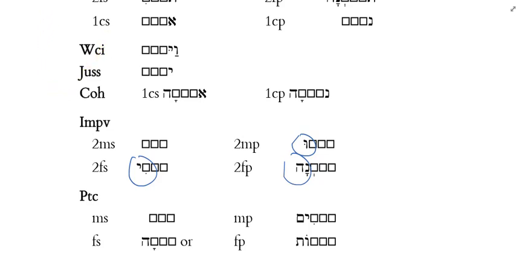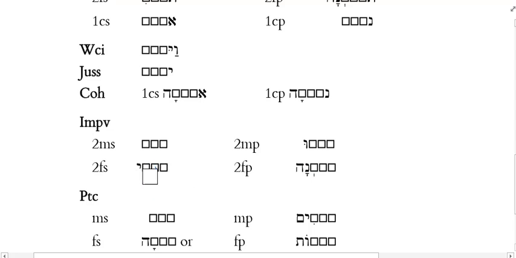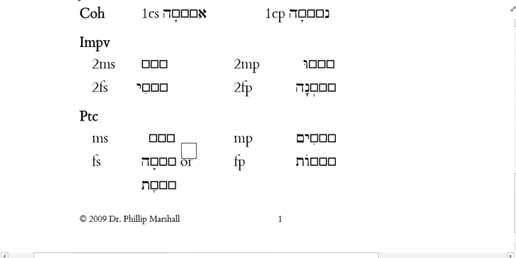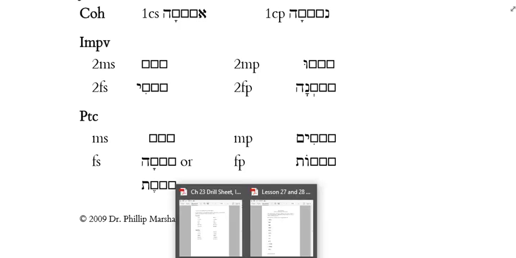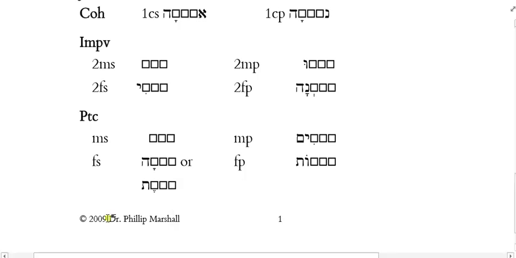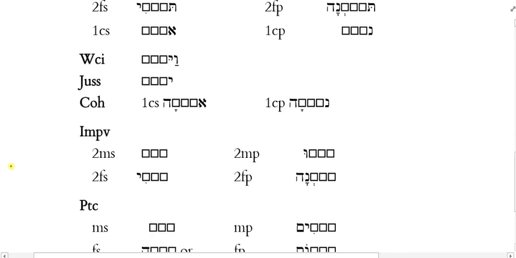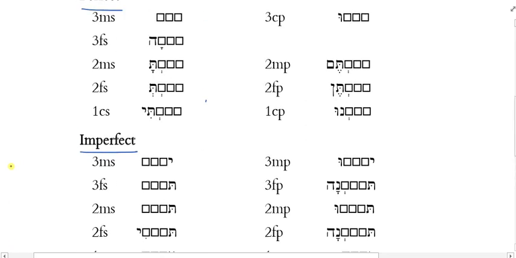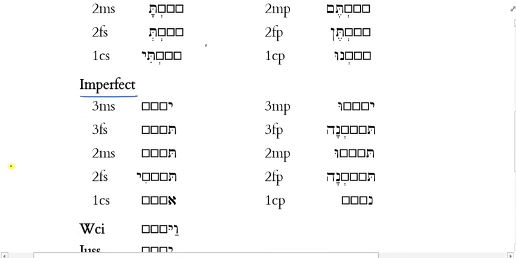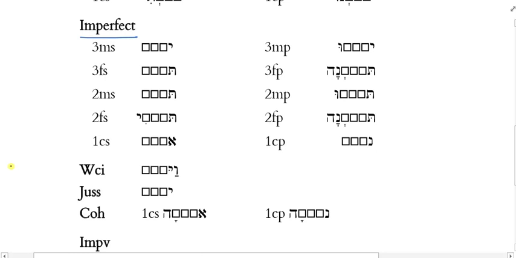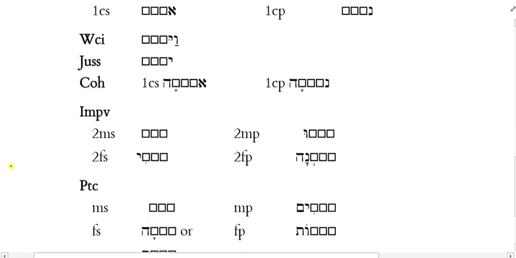Do you see them? Yeah. 2MP, right? All right. And then participles do not take shurik for an ending, right? So there are 3 places where I am looking for identifying that shurik. Okay, so perfect 3CP, imperfect 3MP, 2MP, and then the WCI possibilities, and then imperative 2MP here. Okay.